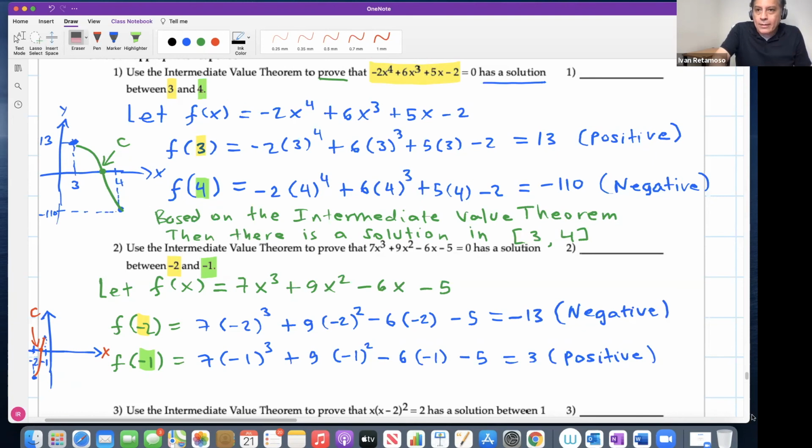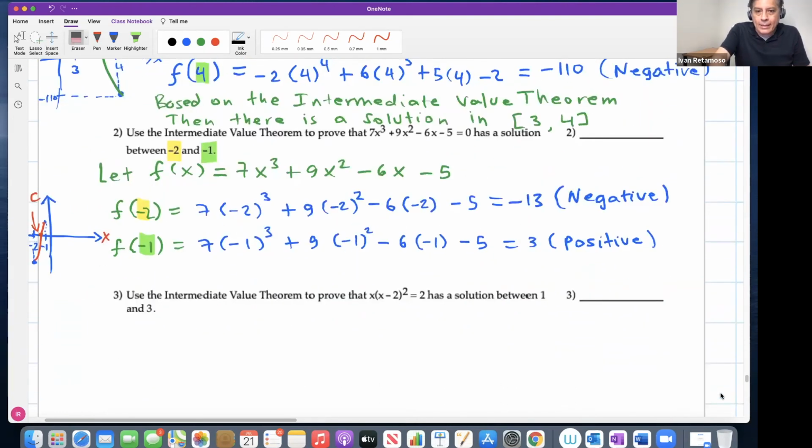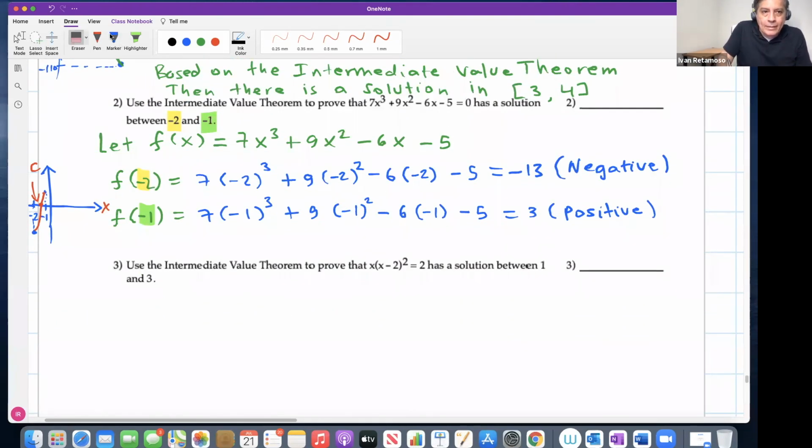Yeah, before going, let me give you a hint for this. This is a little bit tricky. Professor, what if the equation looks like this? Here, there's no 0, here is 2. Before you gave us something with 0. What to do?